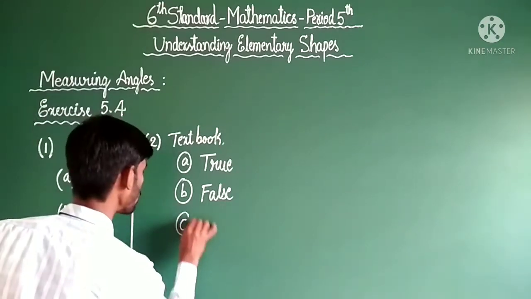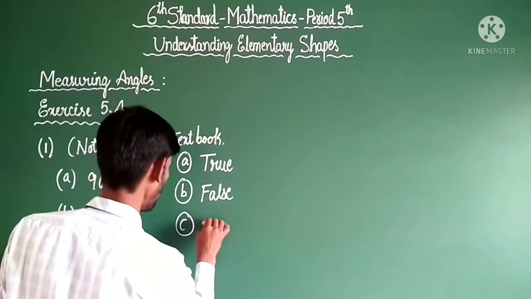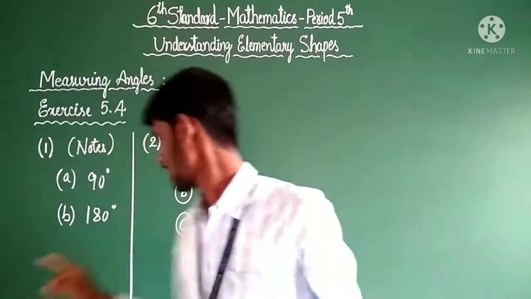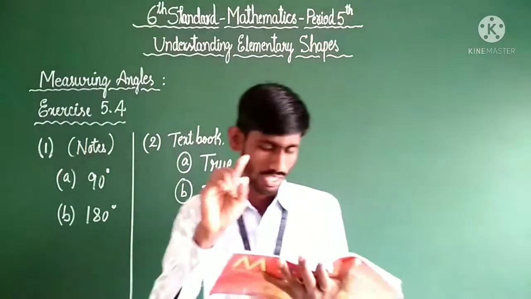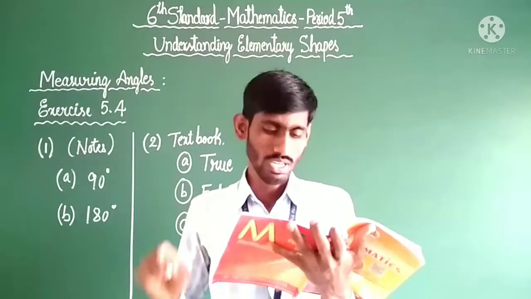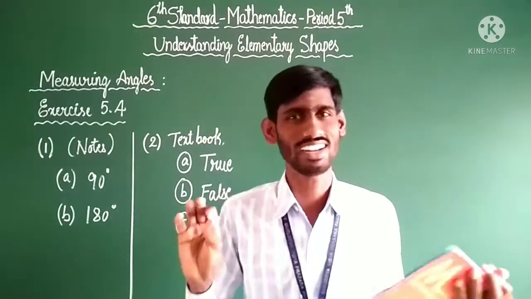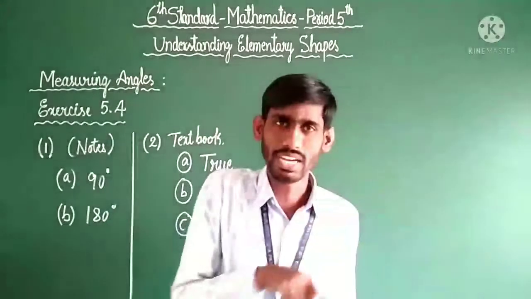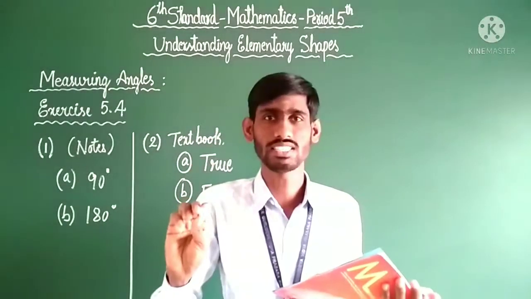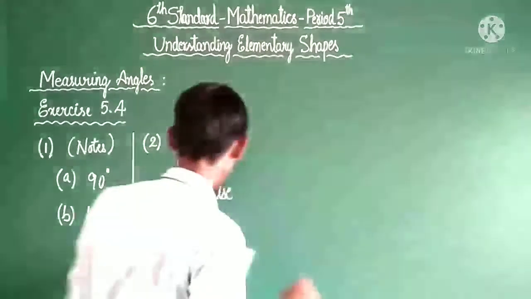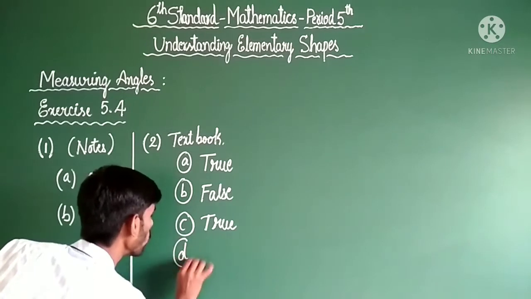Question number C statement is true. Next, statement D. Measure of one complete revolution is 360 degree. Yes, correct. One complete revolution is 360 divisions or 360 degree. The statement D is also true.